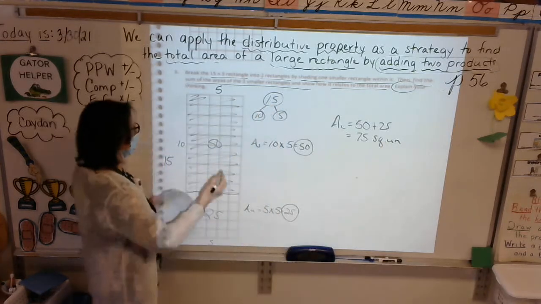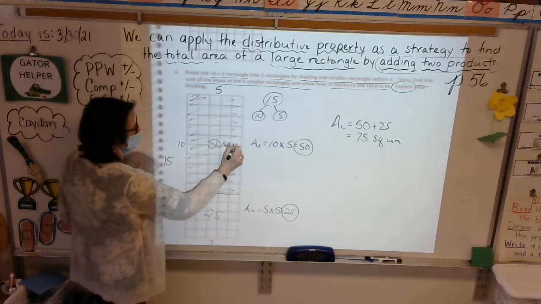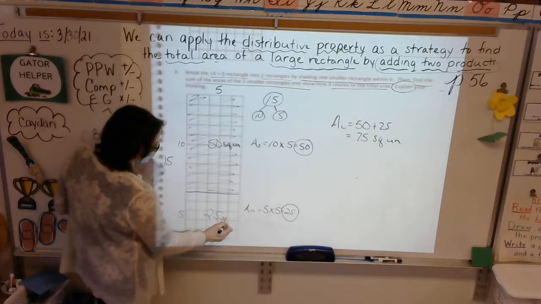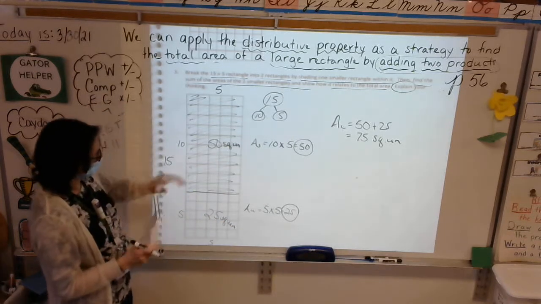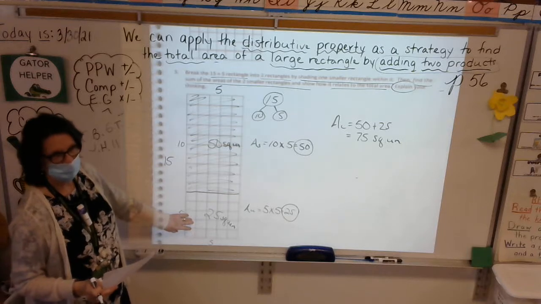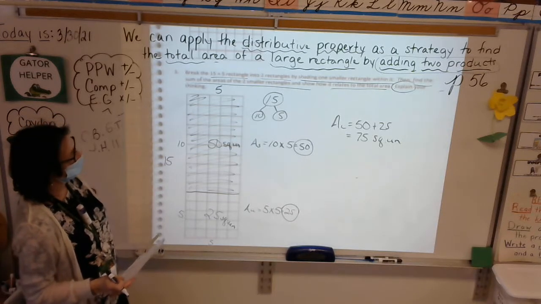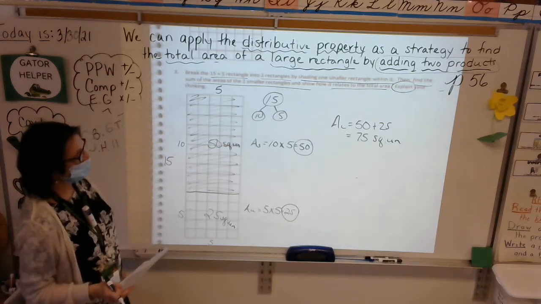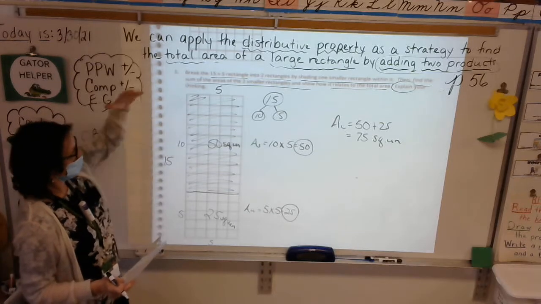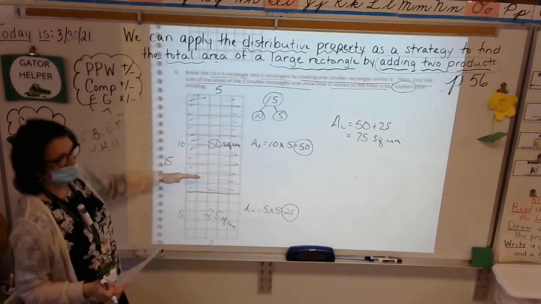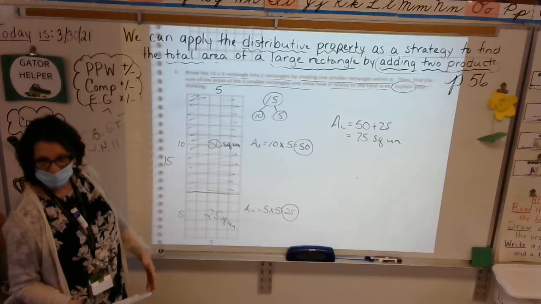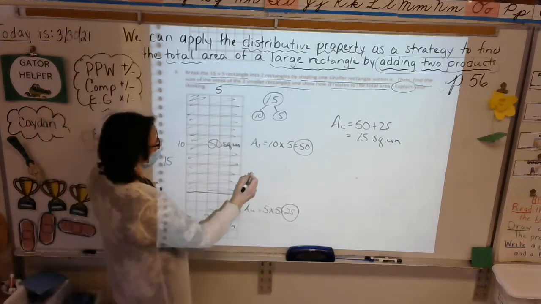Okay? And if you want to come back, you can put 50 square units in the top, 25 square units in the bottom. Then it becomes really clear 50 plus 25 equals 75. Okay? Explain your thinking. What did we do? We decomposed a large rectangle into two smaller rectangles and then added our products. Okay?